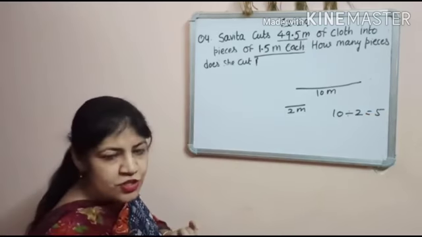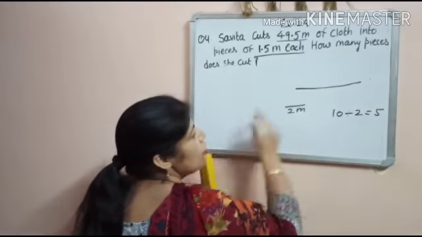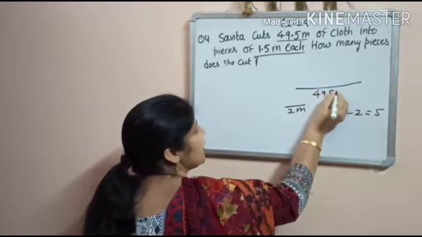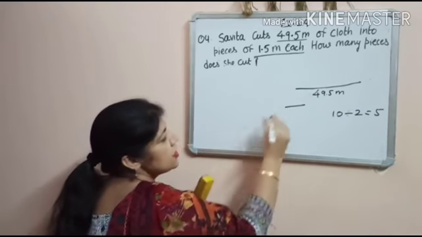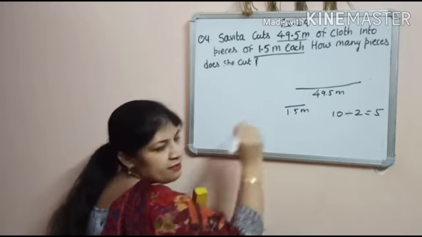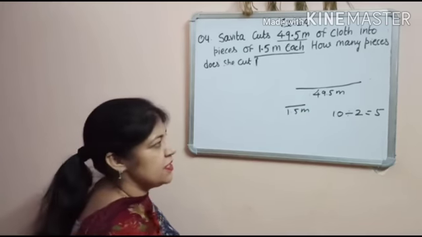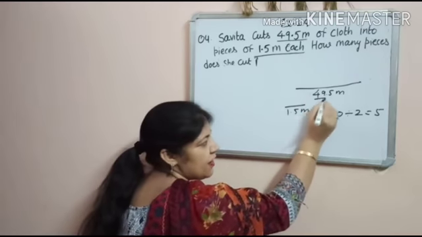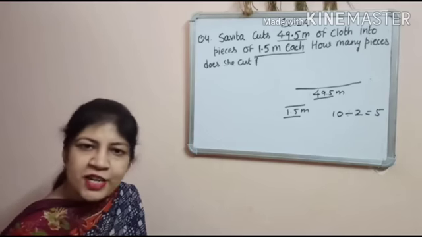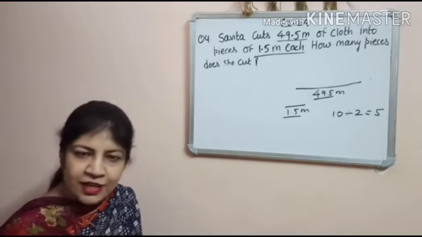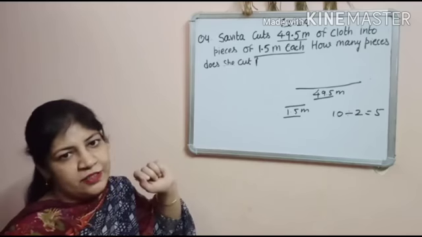Now same in this question. The total length of cloth is 49.5 meter and the length of one piece is 1.5 meter. And now find the number of pieces. It means you just divide 49.5 by 1.5. Clear?